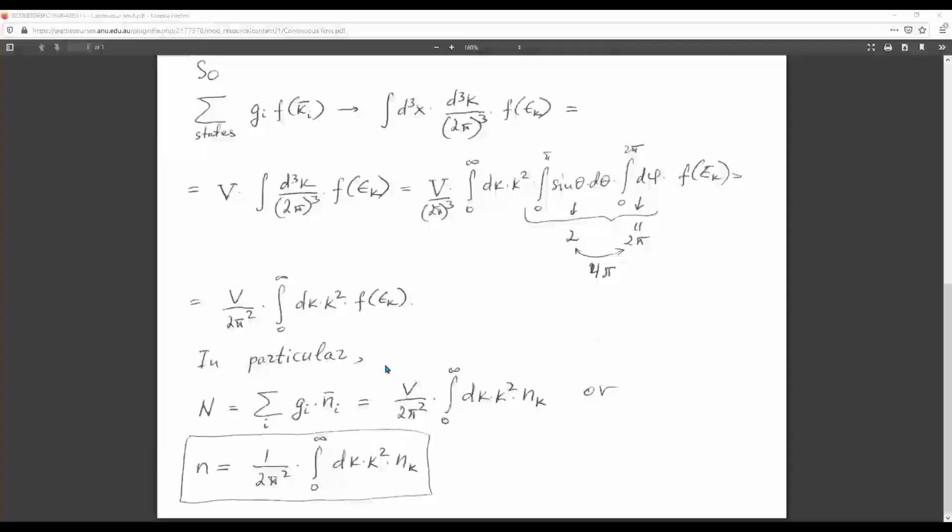In particular, if we take the average number of particles in the system, which is given by this expression, then using this formula, we get this expression, an integral over the wave numbers. And so dividing by the volume, we get the expression for the density in the thermodynamic limit in terms of occupation numbers. This is what I showed you in the lecture notes.